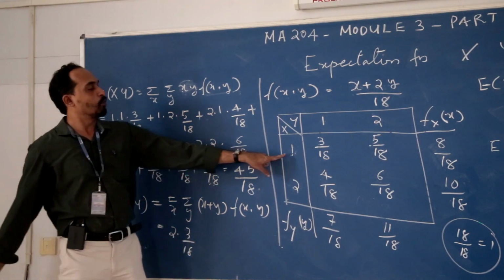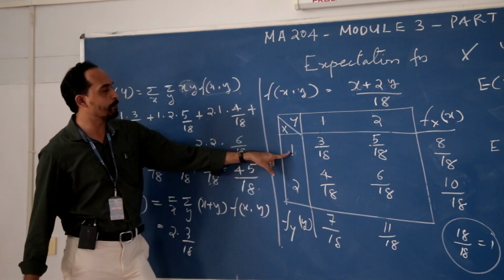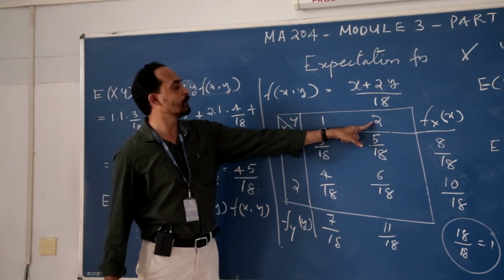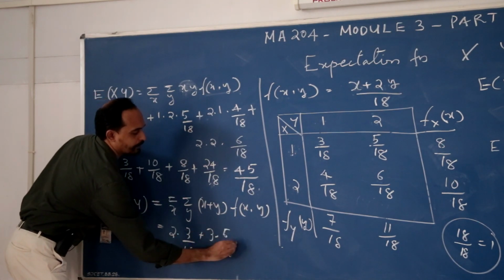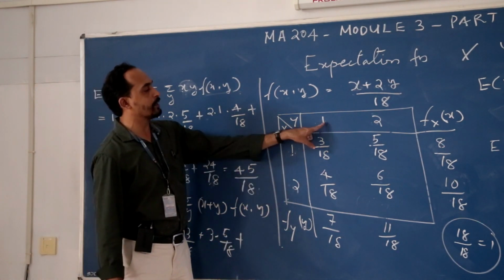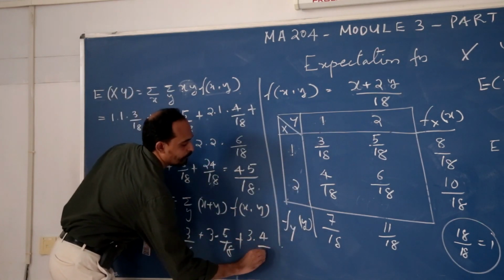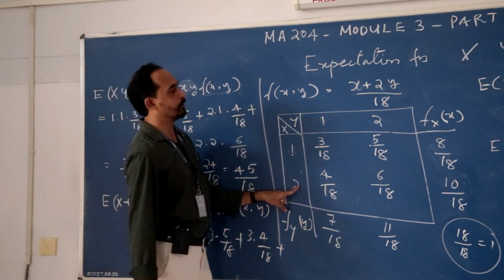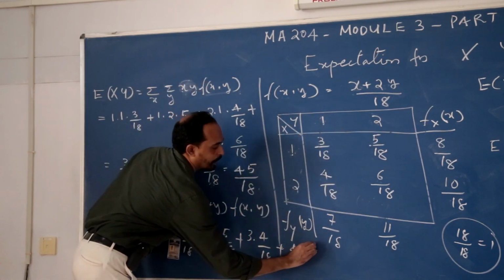Is it clear? Then 1 plus 2, 3 into 5 by 18. Then x equal to 2, y is equal to 1, 2 plus 1, 3 into 4 by 18. Plus x equal to 2, y equal to 2, 2 plus 2, 4 into 6 by 18.